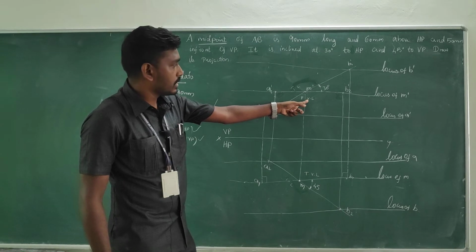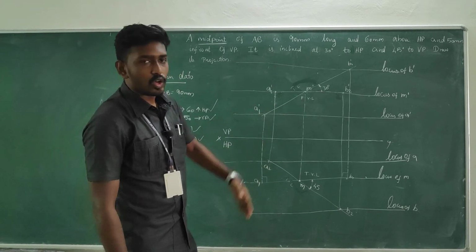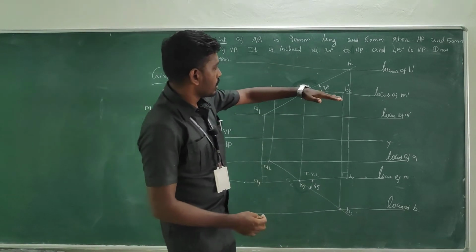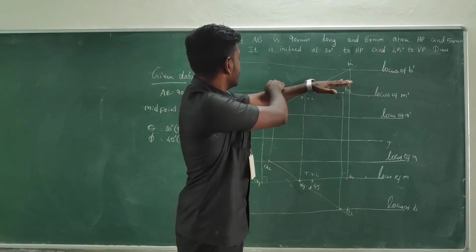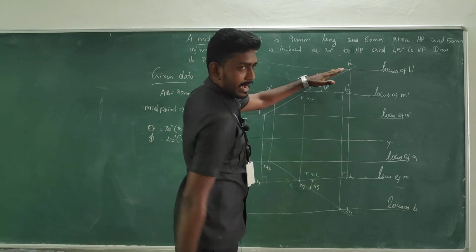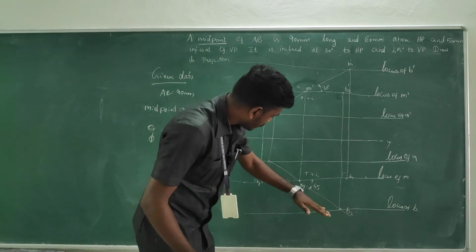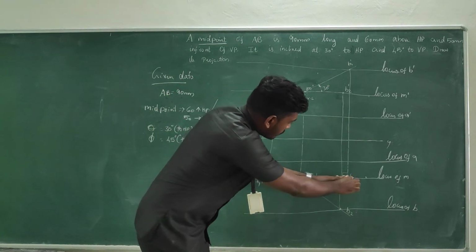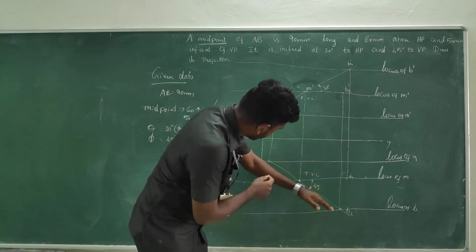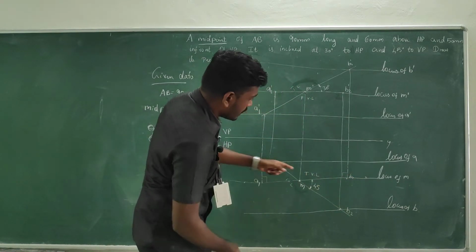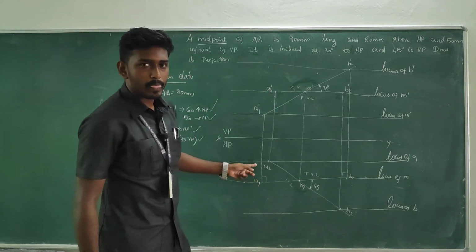What is next? Simply a rotation, just rotating the line so that B2 goes to the locus of B dash and A2 to the locus of A dash. In the same manner, the position of the line is like this, just rotating B1 to the locus of B1. At that time, naturally, A1 goes to the locus of A, right?